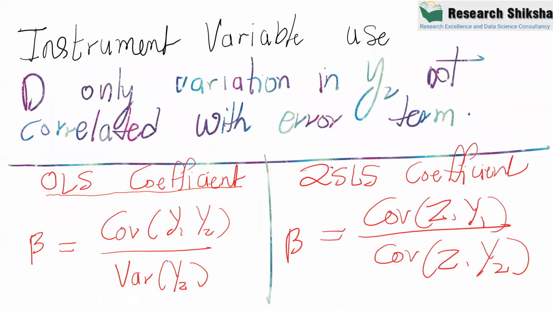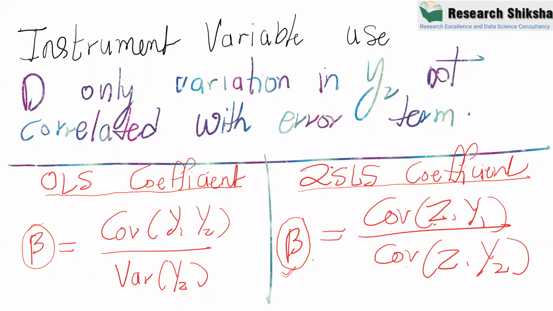But here we know that this coefficient is biased because of the endogeneity. So we go for second stage least square. The second stage least square applies the formula beta is equal to the covariance between Z and Y1 upon the covariance between Z and Y2. So the coefficient calculation changes in the second stage least square, and this coefficient is free from the endogenous biasness and is a solution of the endogeneity problem in the regression model.